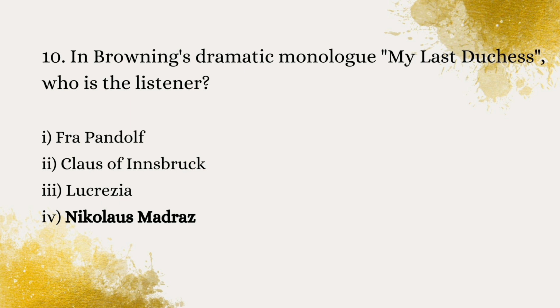Fra Pandolf is actually the painter who painted the Last Duchess. Claus of Innsbruck is actually the man who cast the statue of Neptune taming a seahorse, in bronze, for the Duke, and Lucrezia is the name of the Last Duchess.